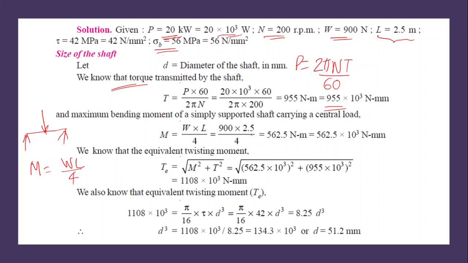That's equal to 900 into 2.5 by 4, which is equal to 562.5 Newton meter.